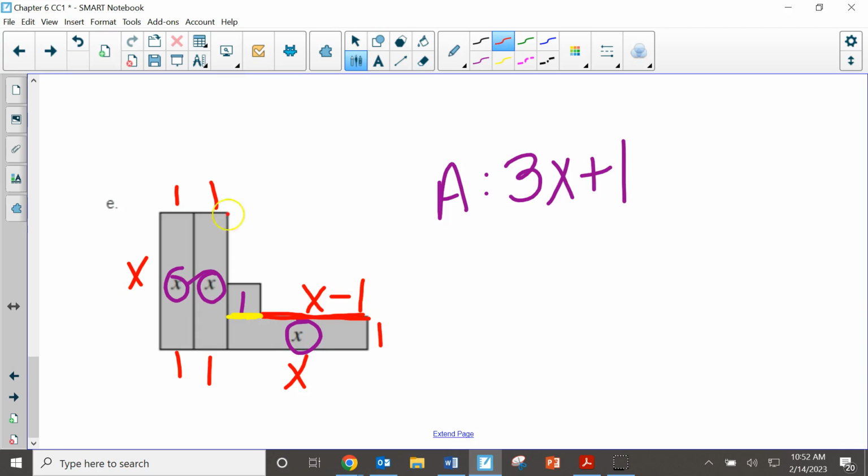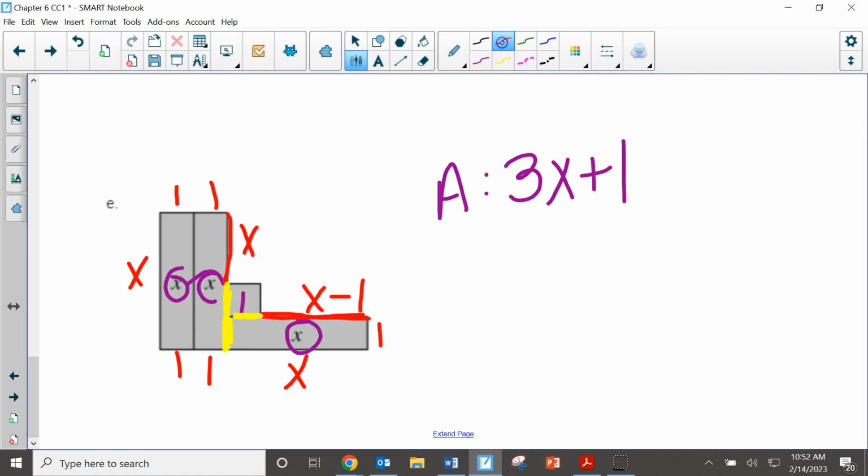Same thing with this side. Okay, this is an x side, but I'm not putting a fence on this because again, I would have random fence sticking out in my yard. So I'm going to need to get rid of this is 1 and this is another 1.